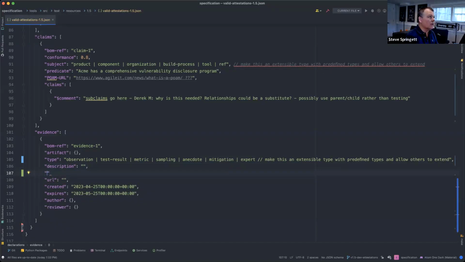So in CycloneDX 1.5, we have this concept of a data component. And data components can be anything from configuration to source code to a data set. So pretty much anything we want it to be. So we could theoretically have that in there because it also has, for example, data governance.